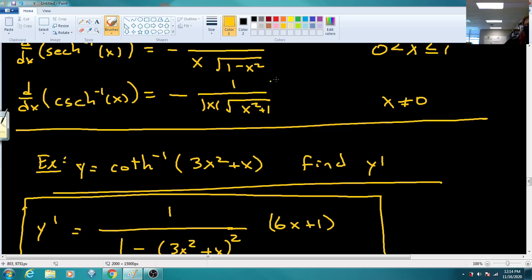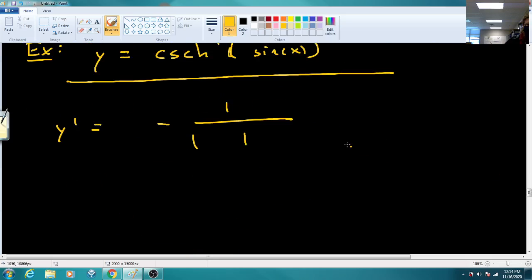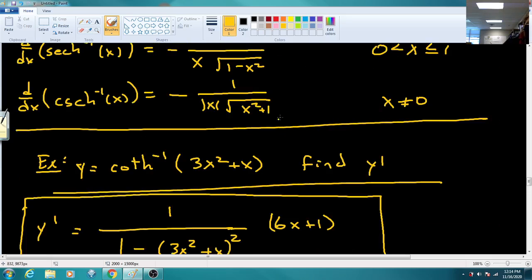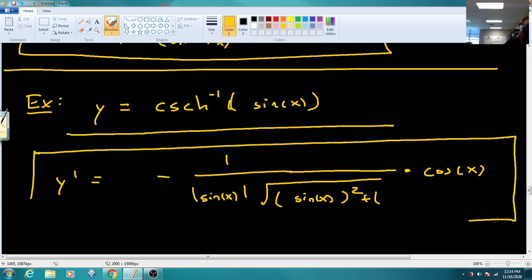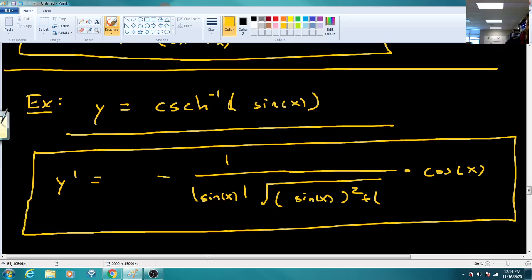So I'm going to write this equation down with blanks where the x's used to be. And then we're going to put the sine of x, which is the inner part left alone, in the blanks. And then we got to multiply this by the derivative of sine, which is cosine. And that'll be our equation. And that basically wraps our section up.